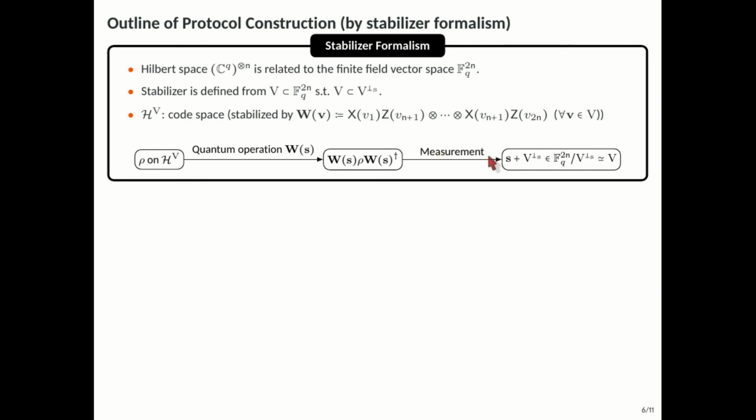By this measurement, we obtain the outcome S plus V perp. This S plus V perp is an element of this quotient space, and this value gives some partial information of this operation S. So in error correction, we consider further steps, but we only use this process until this step.